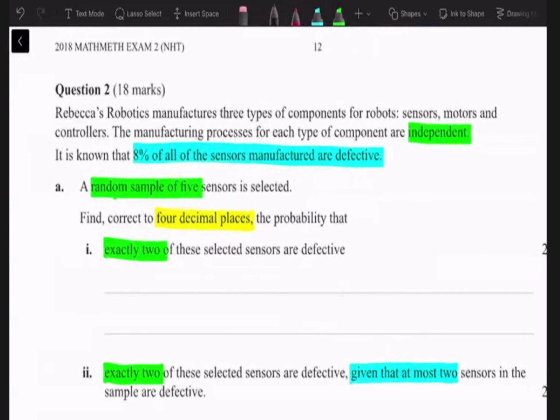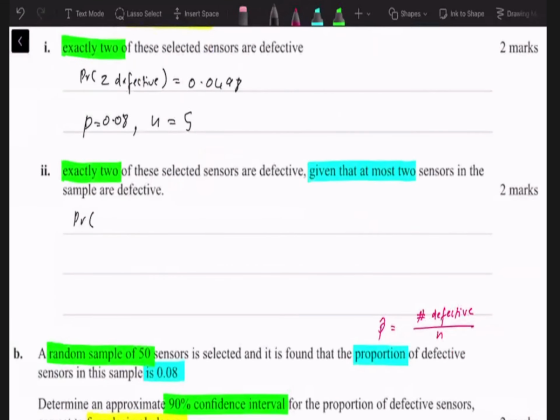Probability question number 2. The first question is, what's the probability that 2 are defective? You could just put this into your CAS, and you should get 0.0498. The p value here is given, 0.08, and the n value is given here, so it's 5. Now it's asking for the probability 2 defective, given that at most 2 are defective, so that means 2 or less defective, including 2.